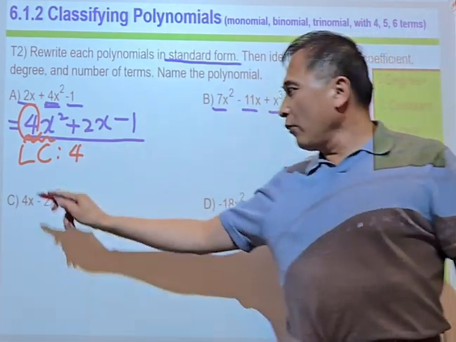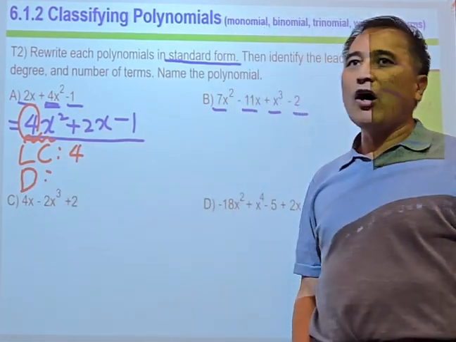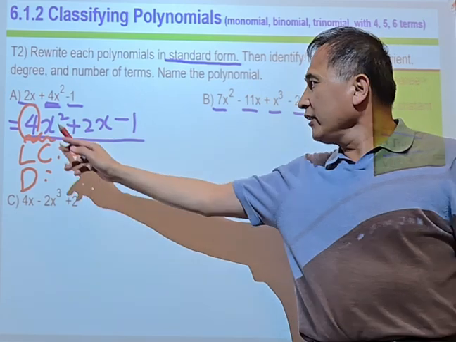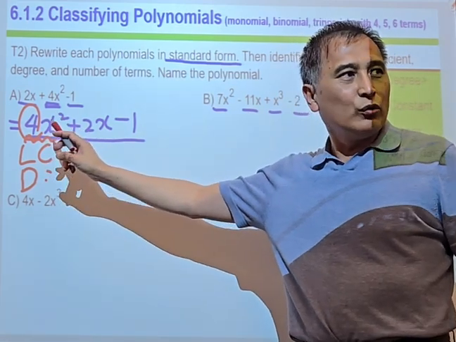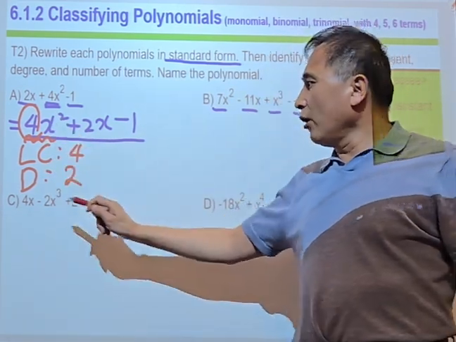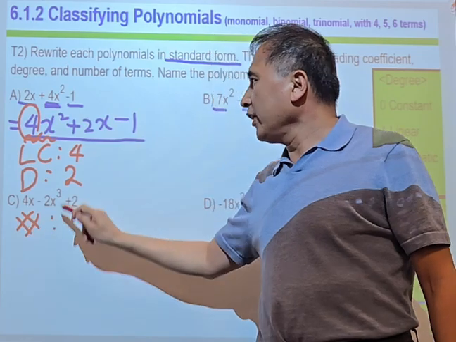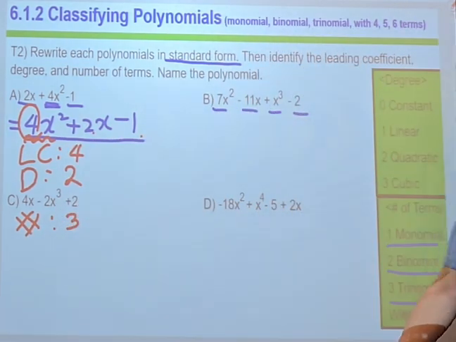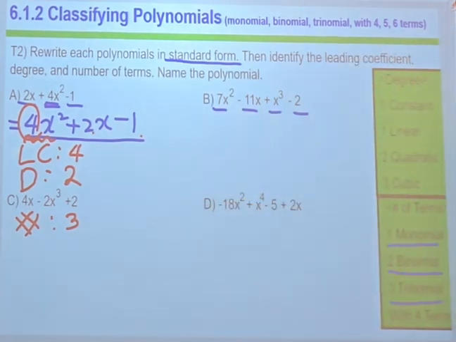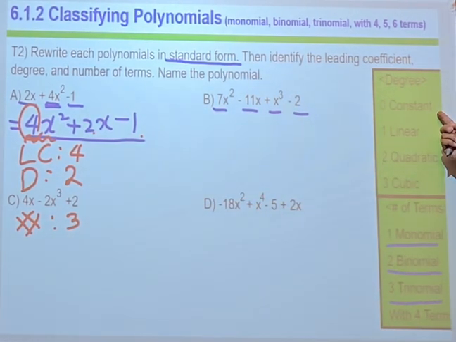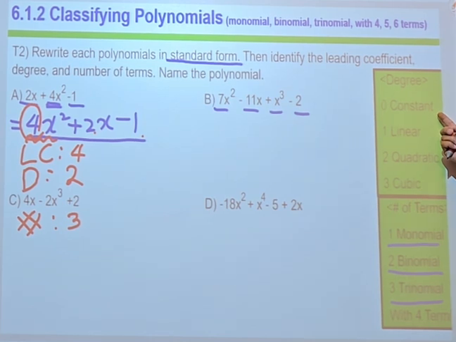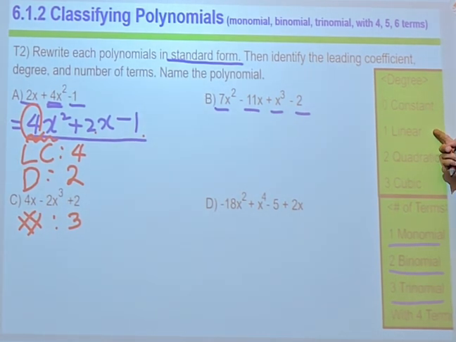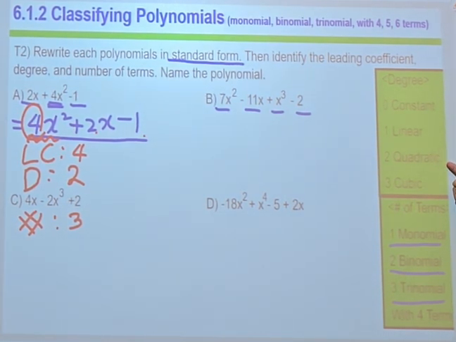Okay? And then the degree is all the time the same as the leading term's degree, which is 2. And then the number of terms, in this case how many? 1, 2, 3. So we can name this polynomial. Degree 0, just a number only, we call it constant. Degree 1, linear. Degree 2, quadratic.